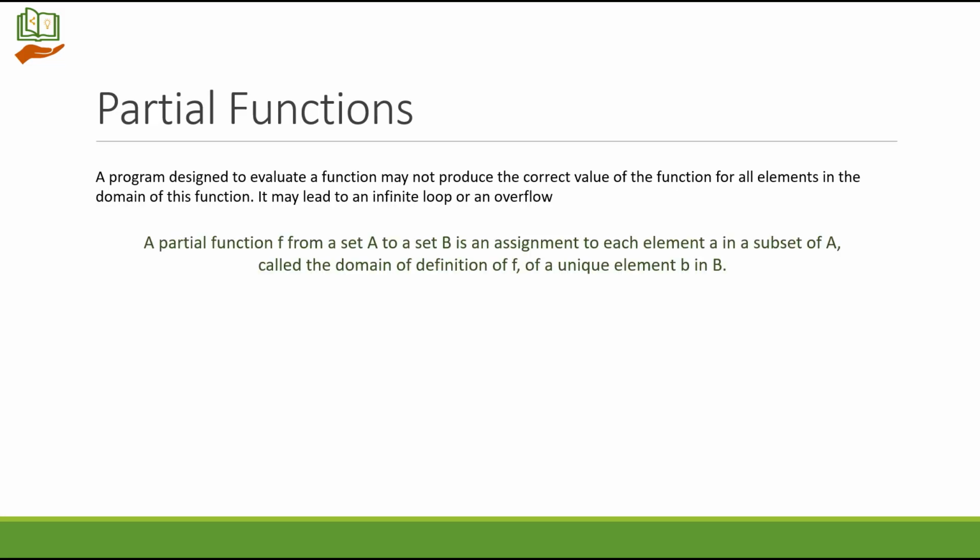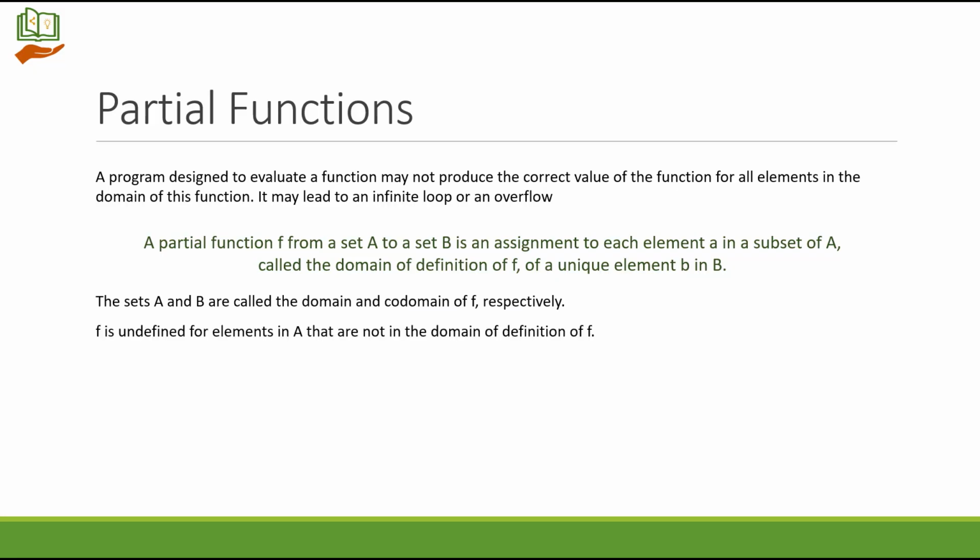A partial function f from a set A to a set B is an assignment to each element a in a subset of A, called the domain of definition of f, of a unique element b in B. The sets A and B are called the domain and codomain of f respectively. F is undefined for elements in A that are not in the domain of definition of f. When the domain of definition equals A, f is a total function.